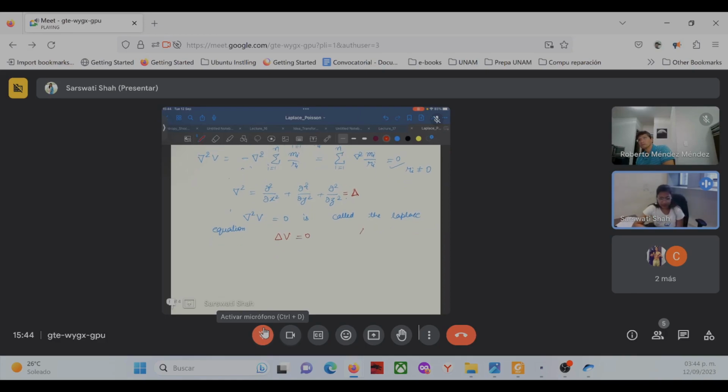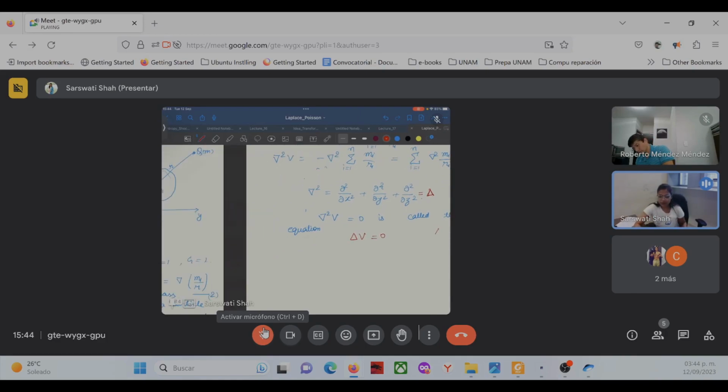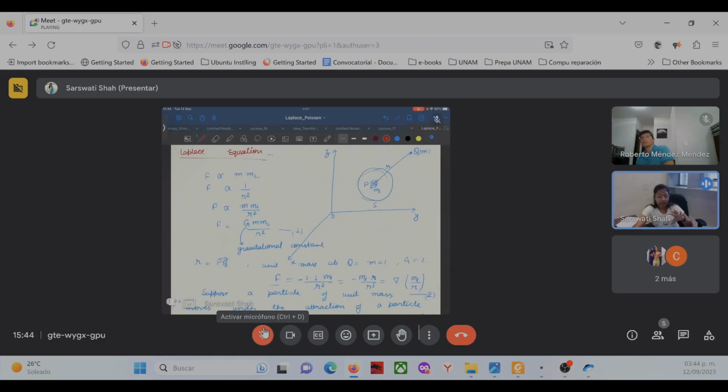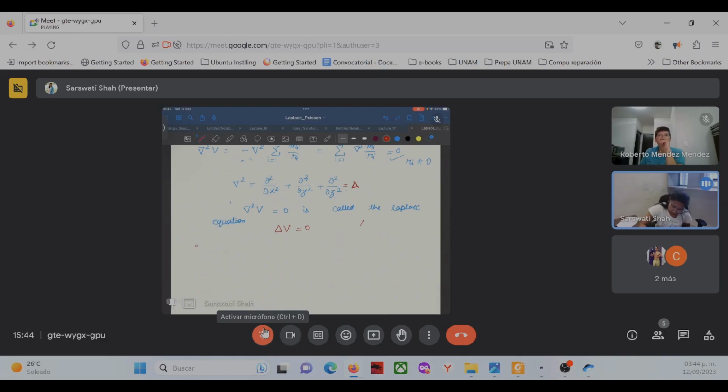In the case of the continuous distribution, suppose you are taking this S in such a way that M1, M2, Mn, all the particles are distributed continuously. So why is this taking 0?